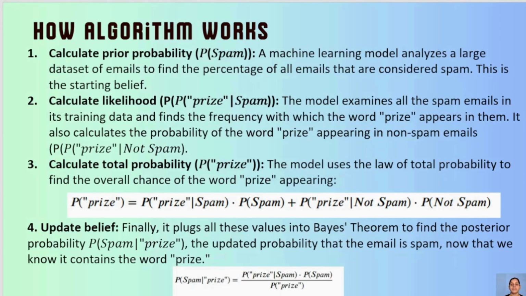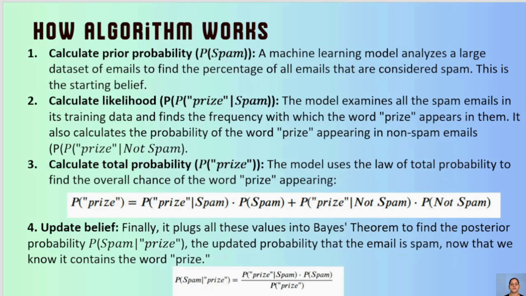In our spam filtering system, we have a data set of emails where we are going to find the percentage of emails that are considered as spam. That is our belief, or the hypothesis we go ahead with. We have to find out the spam from that lot of data.